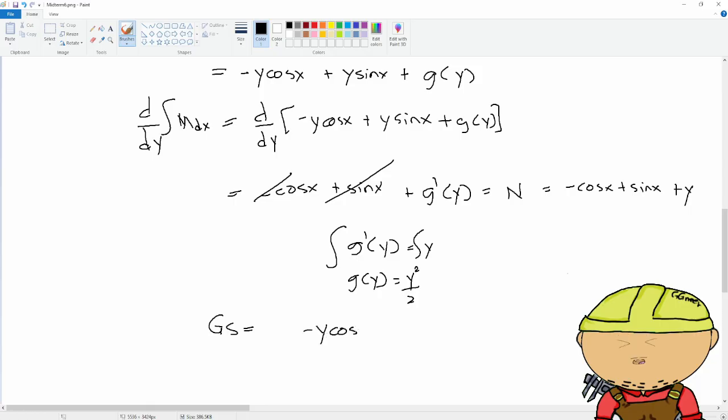Your general solution is negative y cosine x plus y sine x plus y squared over 2 is equal to c.